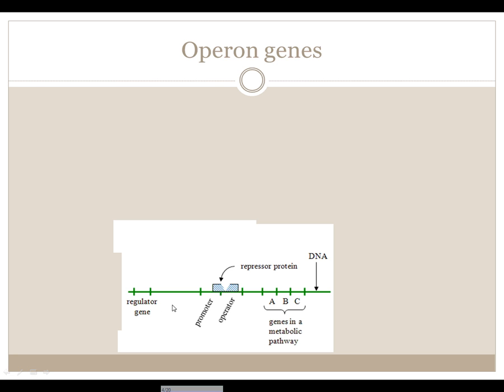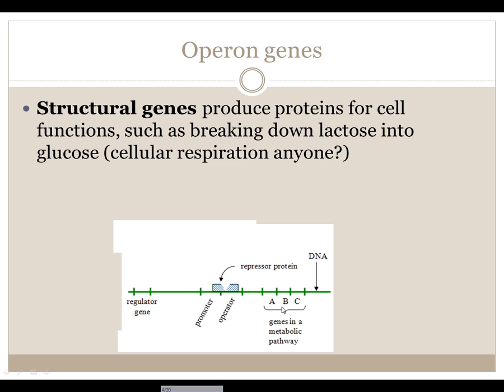An operon has a regulator, a promoter, and an operator, and then these genes here. The structural genes are these right here. These are the genes that are going to produce proteins, like, for example, taking lactose and breaking it down into glucose. Sound familiar? Remember the cellular respiration lab?